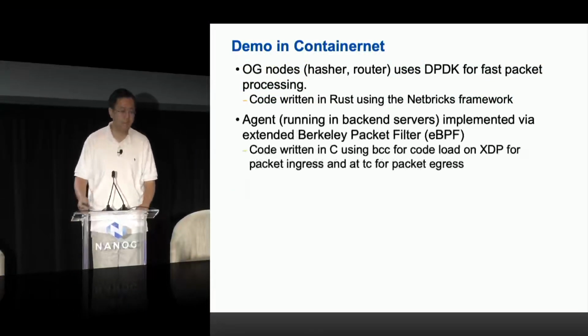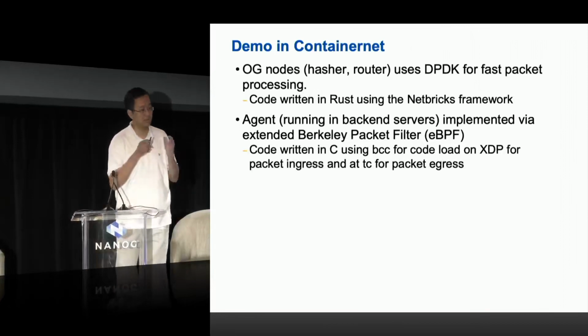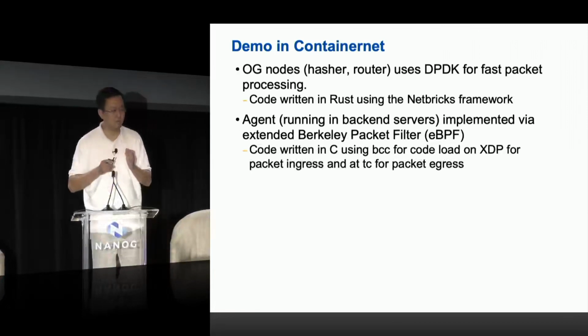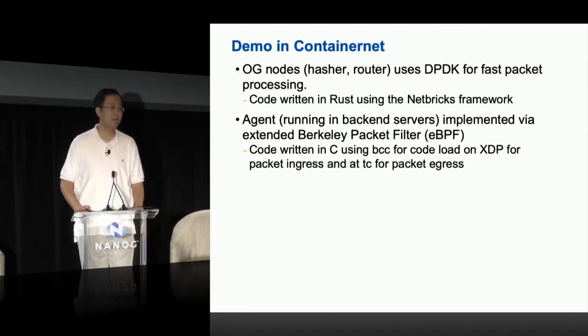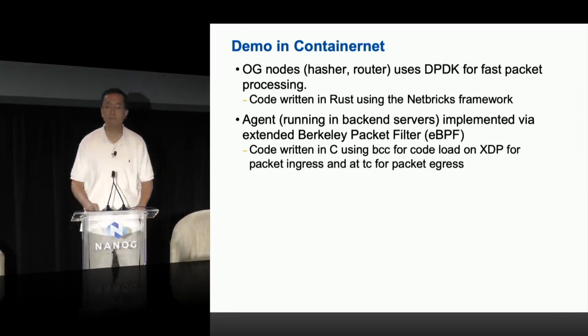The agent, as I mentioned briefly, was implemented using eBPF, with code written in C, and we loaded it to the nodes using TC. So it's a filter that runs on XDP, express data path, on the ingress, and a TC on the egress, right?